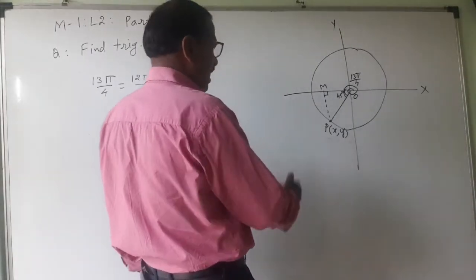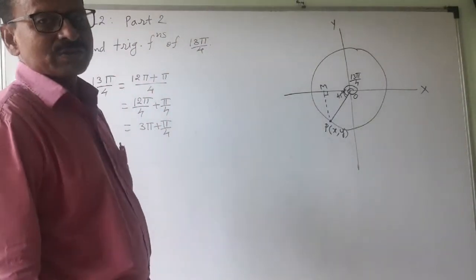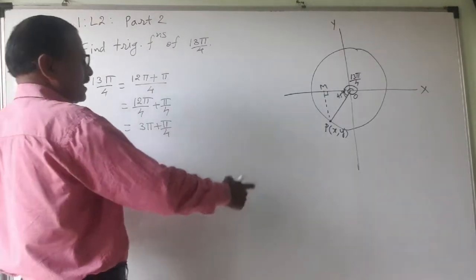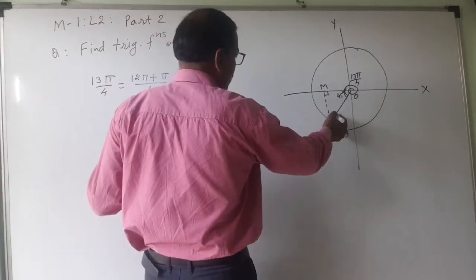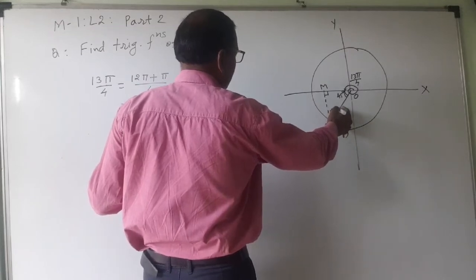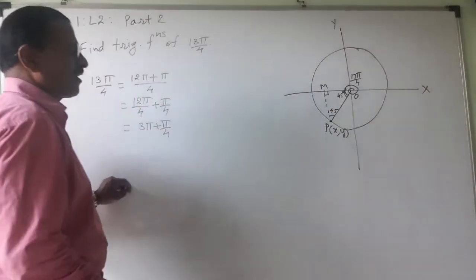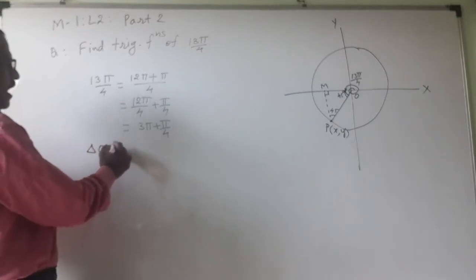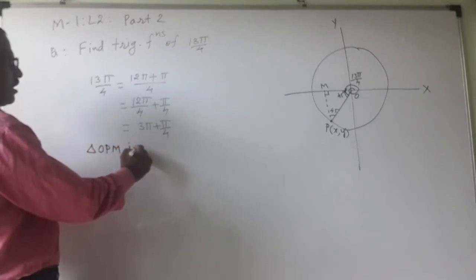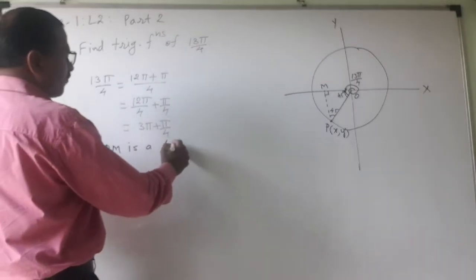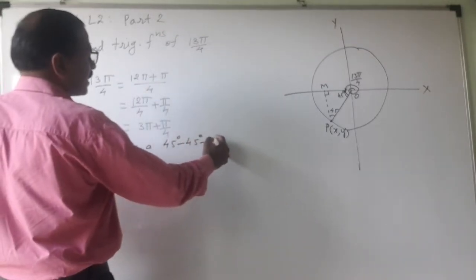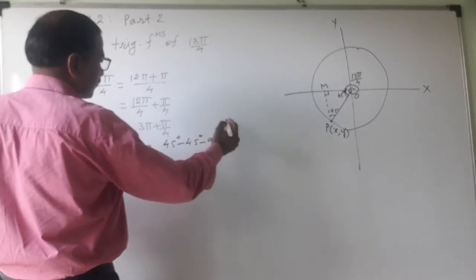For that reason, I have to find x and y values. So this angle is 45, so this is also 45 degrees. So this is 45, 45, 90 degrees. Triangle OPM is a 45-45-90 triangle.